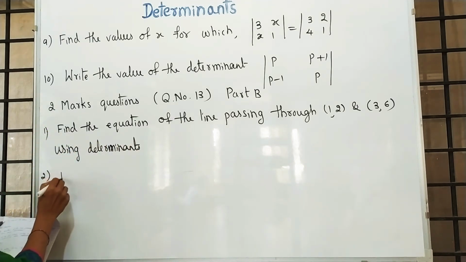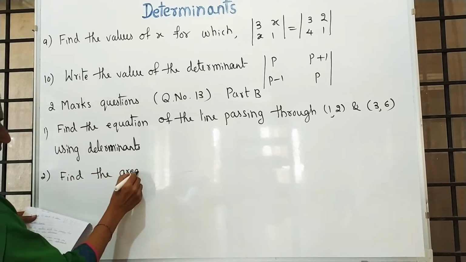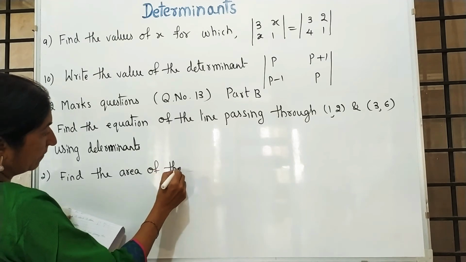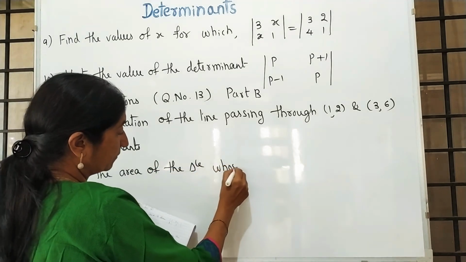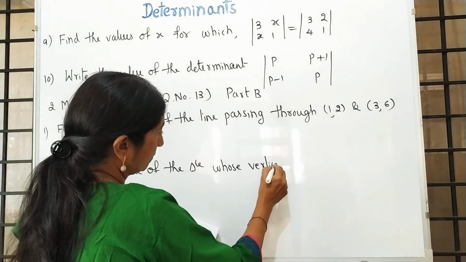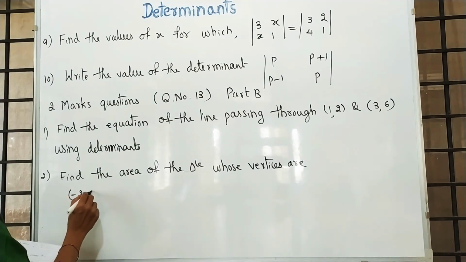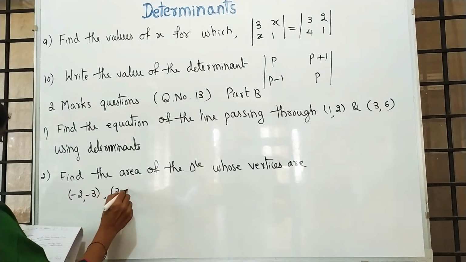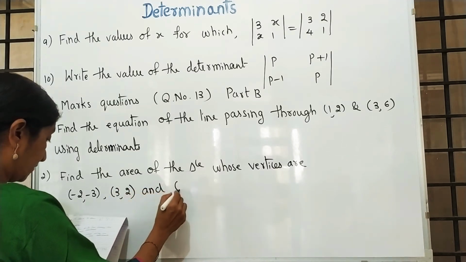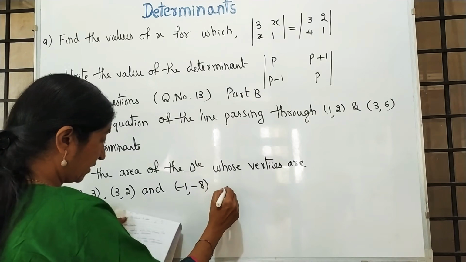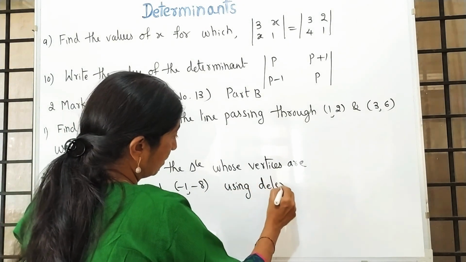2 mark question. Same, second question. Find the area of the triangle whose vertices are -2, -3, 3, -2, 3, 2 and -1, -8 using determinants.